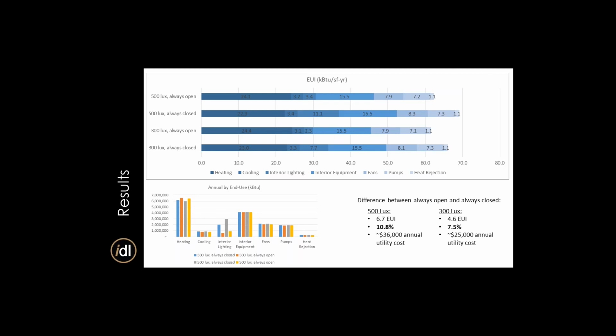And I mean, the breakdown you can see shifts quite a bit as well, mainly in the lighting, but it also does in heating a little bit and in cooling as well. So it definitely affects the energy side.